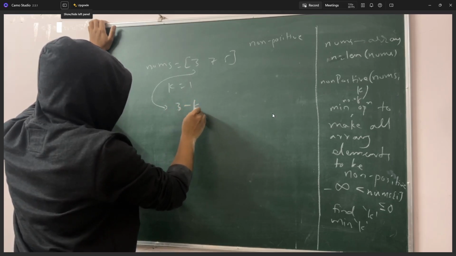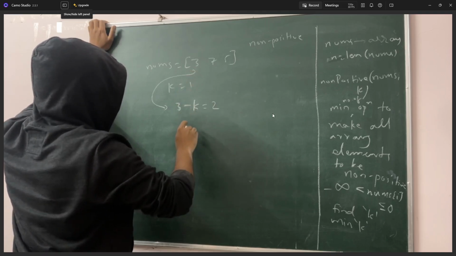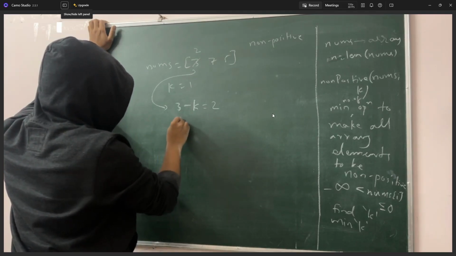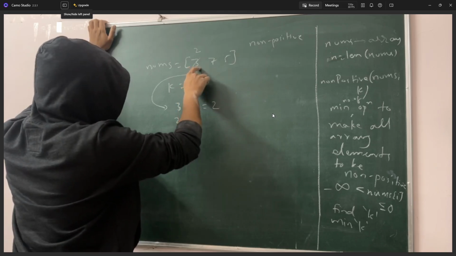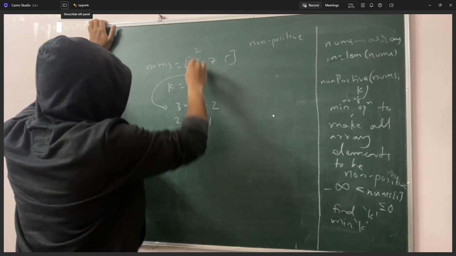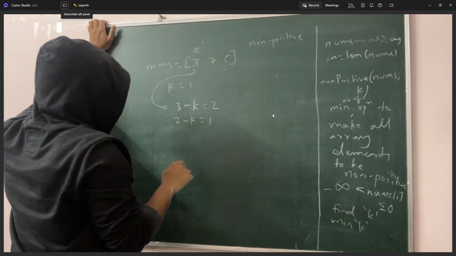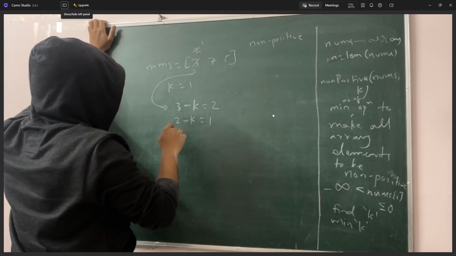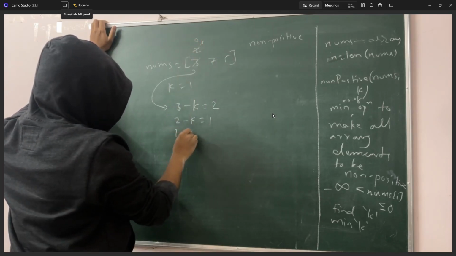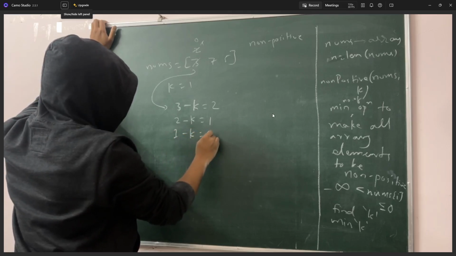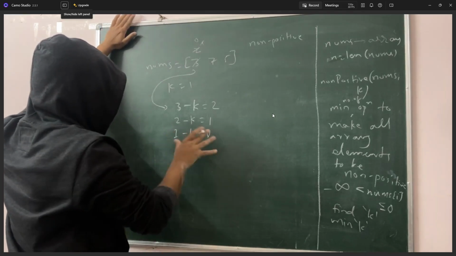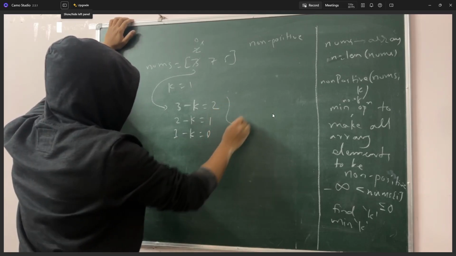Your k is 1, so this element is reduced by 1, which is 2. That's one operation. Since it is still positive, you do the same operation again. That's two operations. Now again it is positive, reduce it. Now it is non-positive, so we leave this. We have done 3 operations.